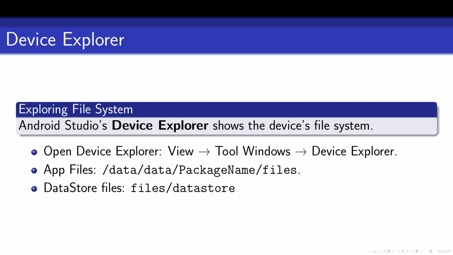You can access it via the View, Tool Windows, Device Explorer menu, or the Open Device Explorer command. Navigate to your app's data folder, then into files and the datastore subdirectory. This tool is invaluable for debugging, allowing you to verify file creation and troubleshoot storage issues effectively.